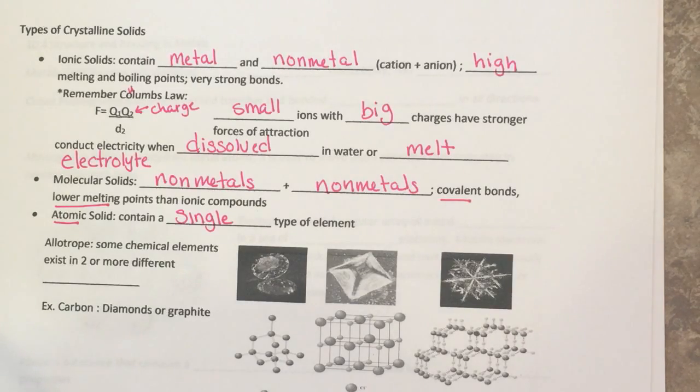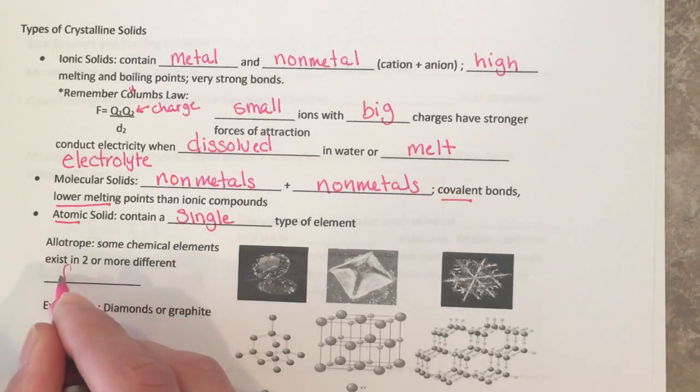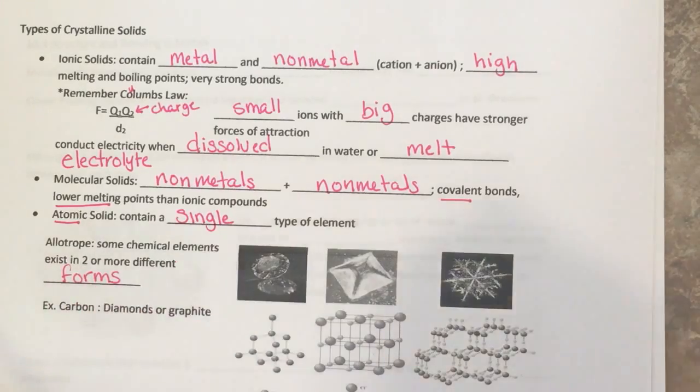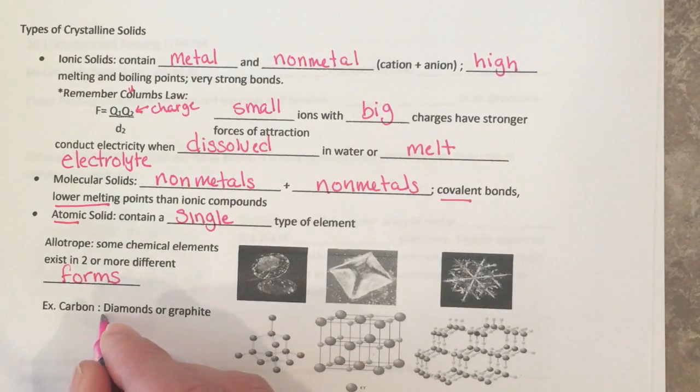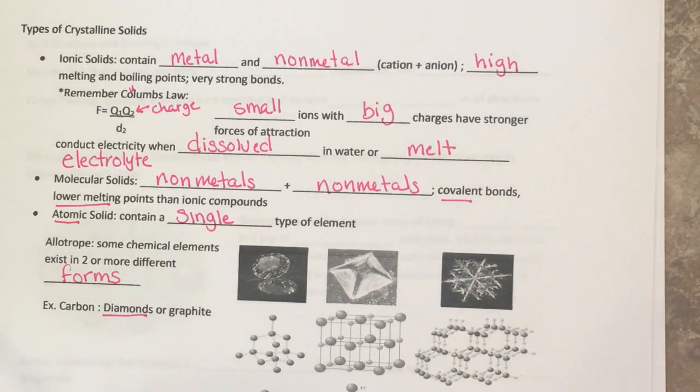We have two or more different forms of the same element. So carbon can exist as elemental carbon as a diamond. Carbon can exist as elemental carbon as graphite. And they look very, very different from each other, different melting points, boiling points, freezing points, different properties, colors, textures. But they're both elemental carbon. Okay?